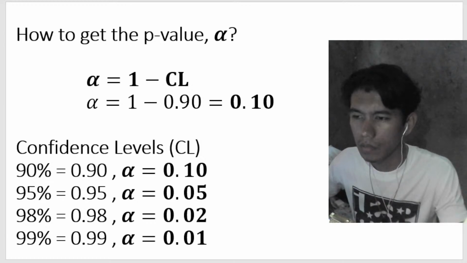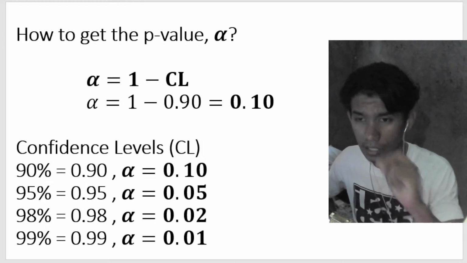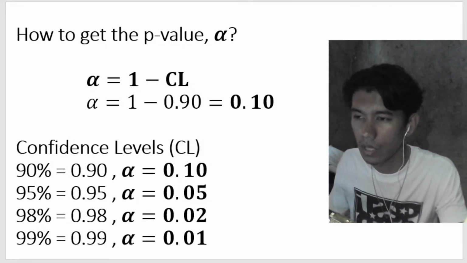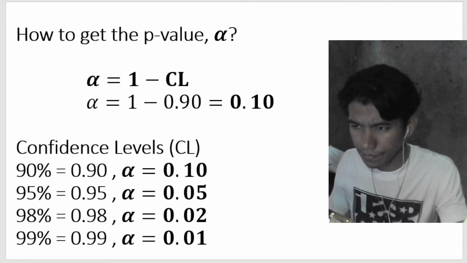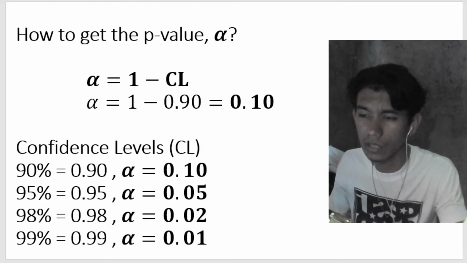Before we plug 90% into our formula, you must convert it first into its decimal equivalent. So 90% in decimal is 0.9, 95% is 0.95, 98% is 0.98, and 99% is 0.99.